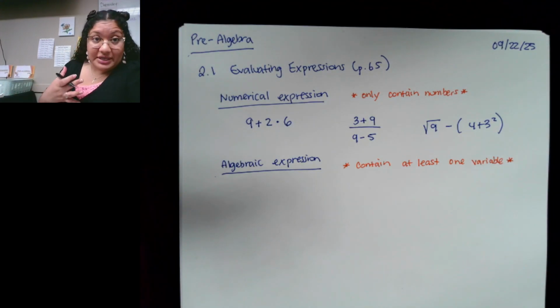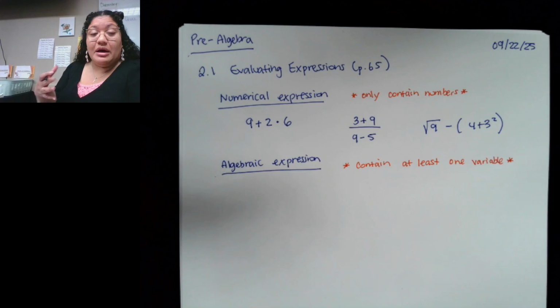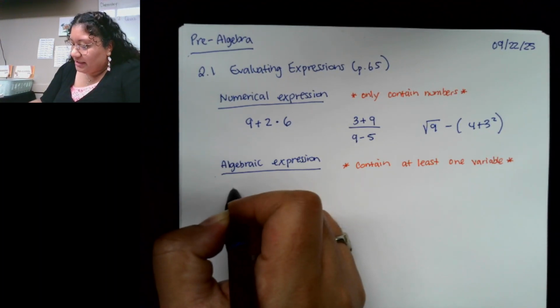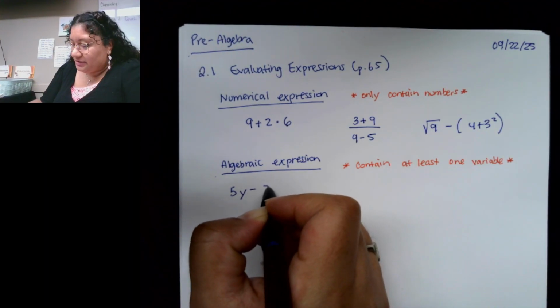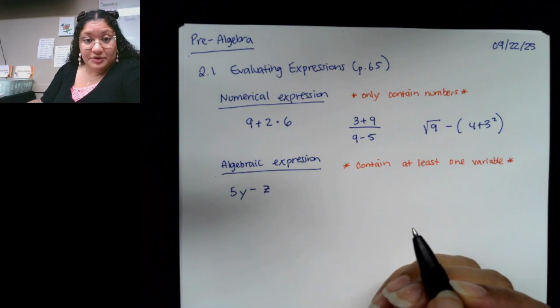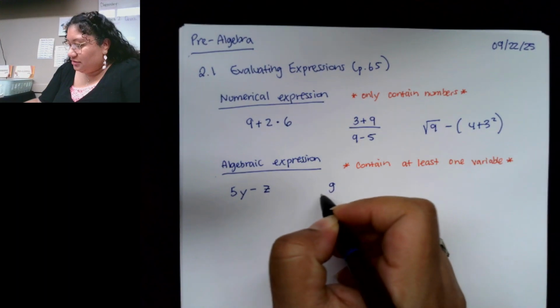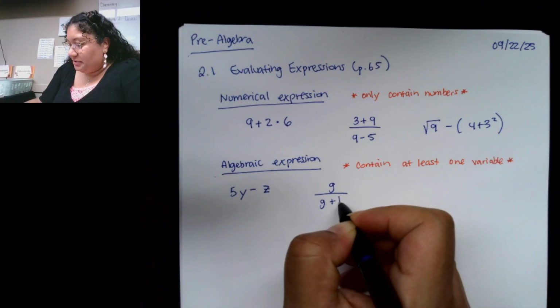So this entire time that we've been doing chapter 1 previously, we have been working a lot of the times with algebraic expressions when they have a variable. So something like an example would be 5y minus z. That's an algebraic expression. g over g plus b.